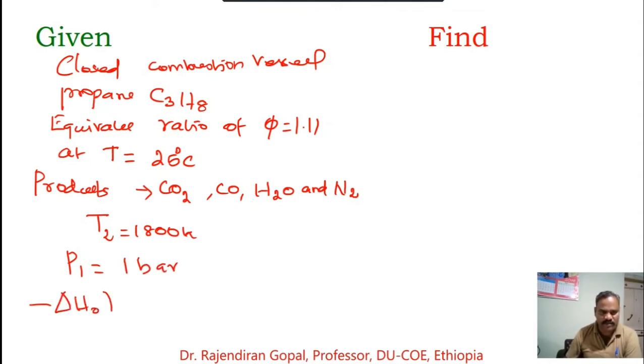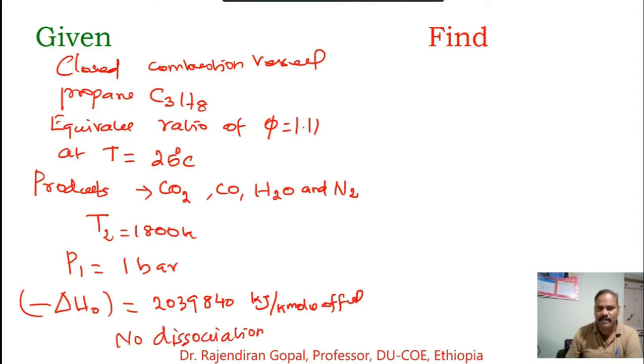Minus delta H naught, that is the lower calorific value of propane, is 2039840 kilojoule per kilomole of fuel. No dissociation. Find, one, if the final temperature is equal to 1800 Kelvin, the heat rejected from the vessel.